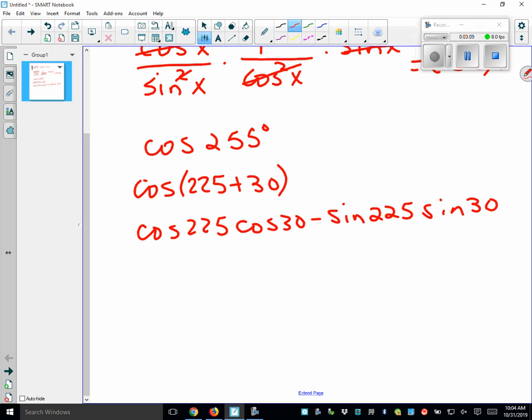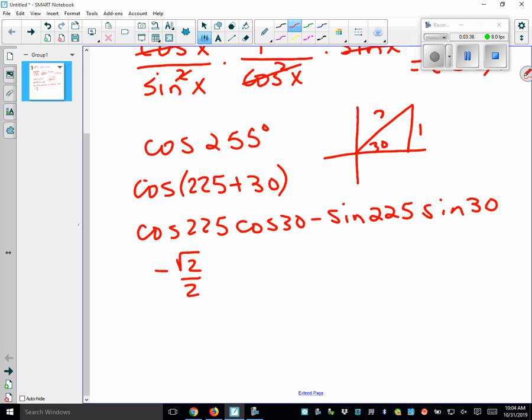What's cosine of 225? You should know it. Negative radical 2 over 2. Do you all know that one without drawing a triangle? What is cosine of 30?